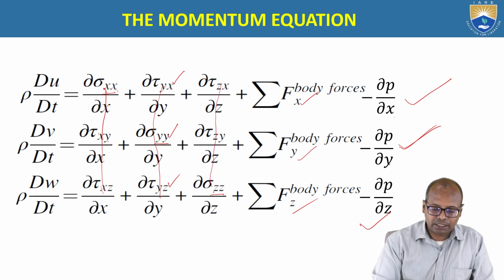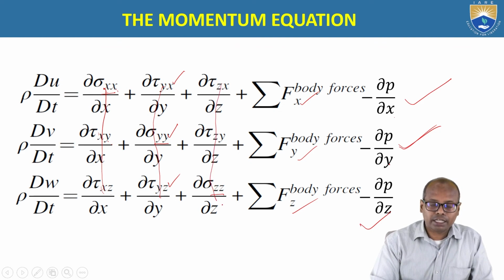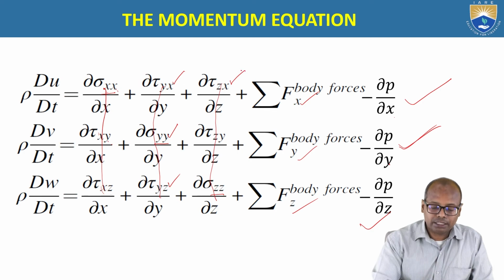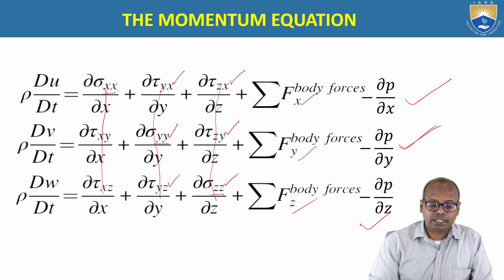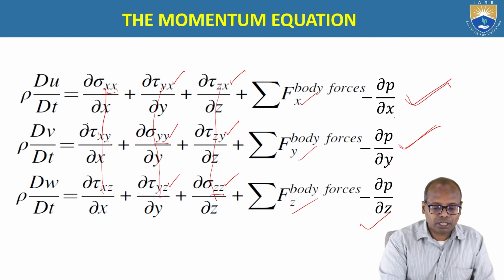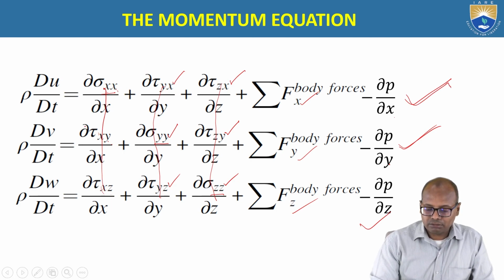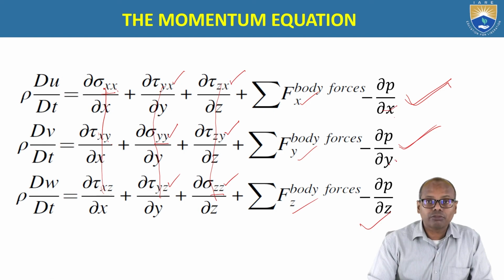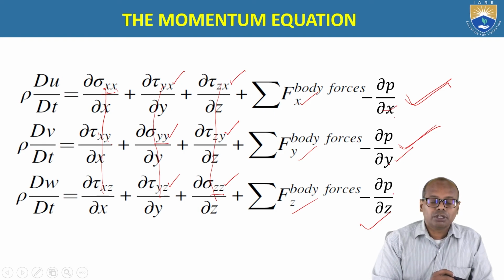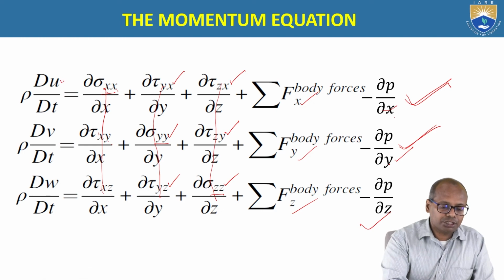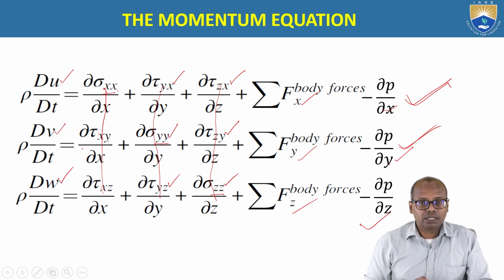Here it is varying in the z direction, and acting in the x direction, y direction, z direction. And since it is the x direction, we are having x here, differentiation with respect to x, y, y, z, z. And here x direction velocity is u, y direction velocity is v, and z direction velocity is w.